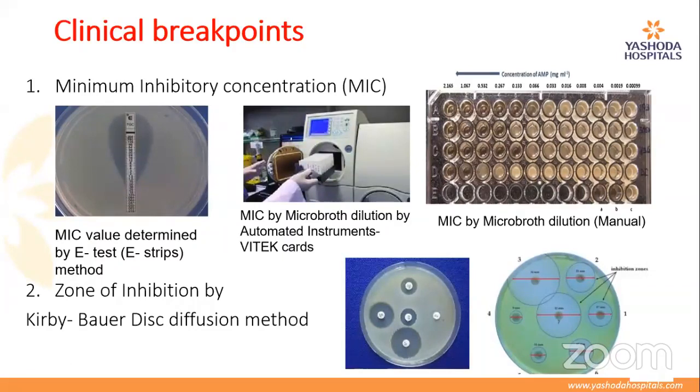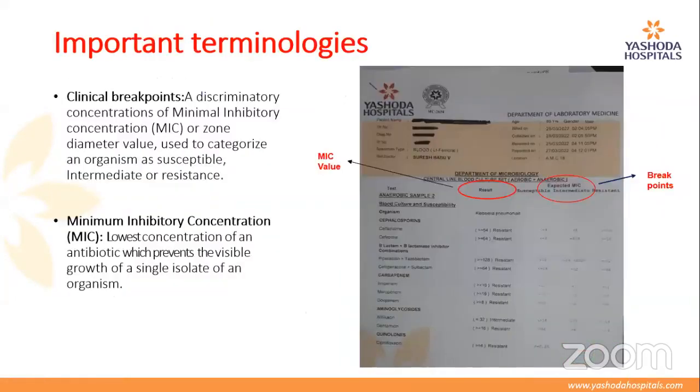Now here we can see we have written the result that we have got in our automated system. This result is called the MIC value, or minimum inhibitory concentration value. This is our result, depending upon how these antimicrobial agents act on this organism.